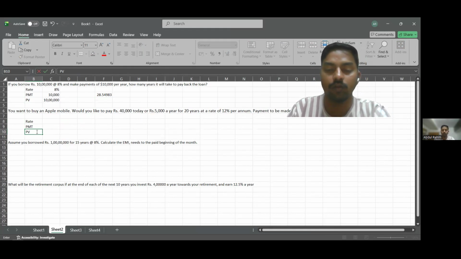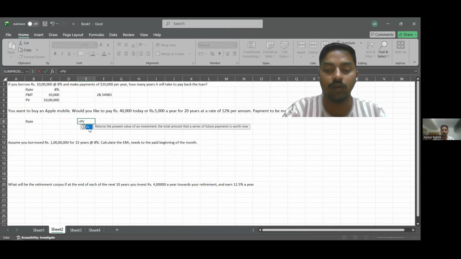So now we are going to calculate the present value. So we use the formula of present value.